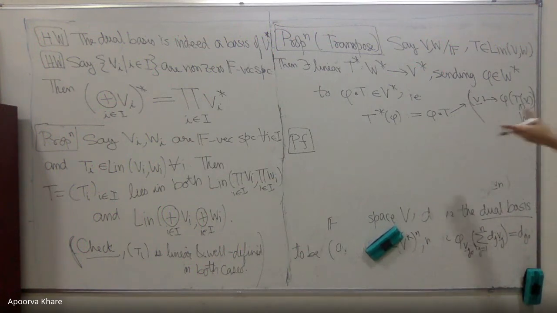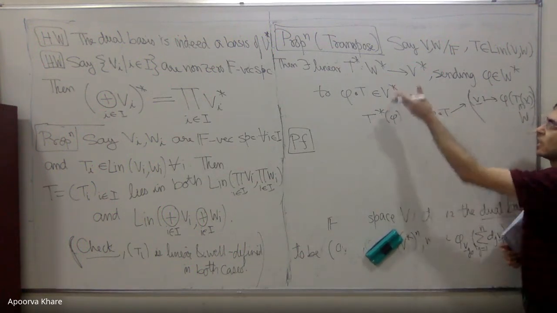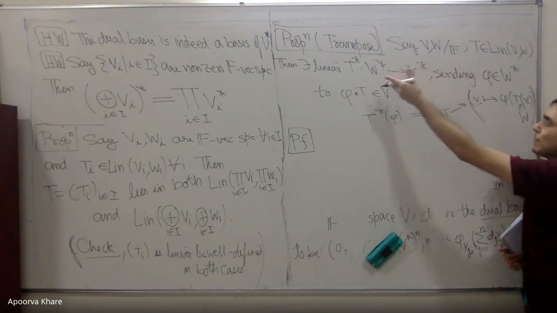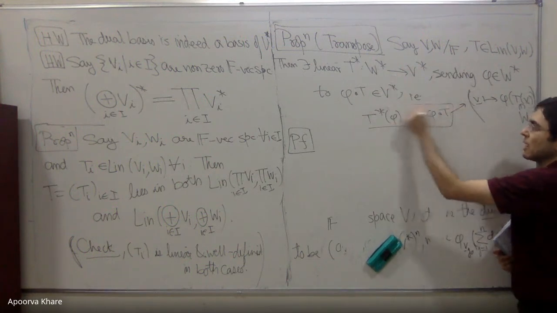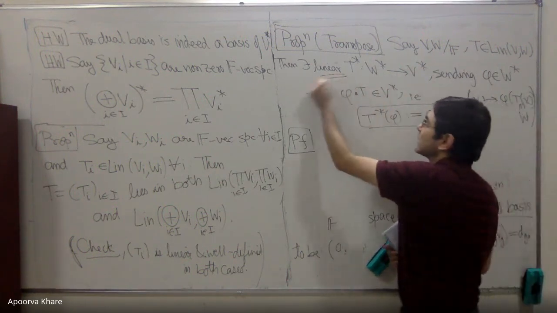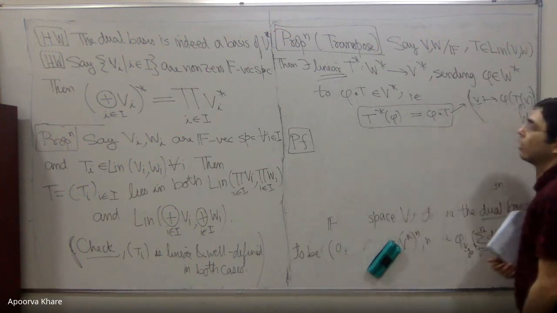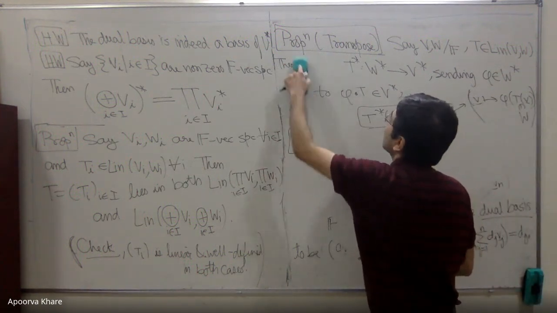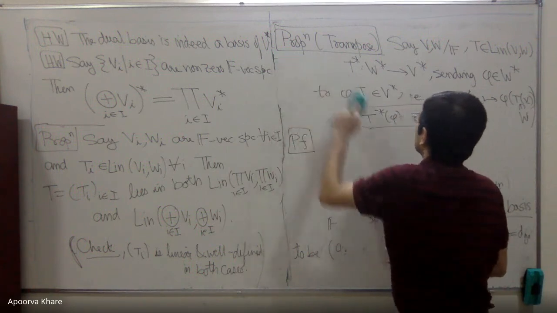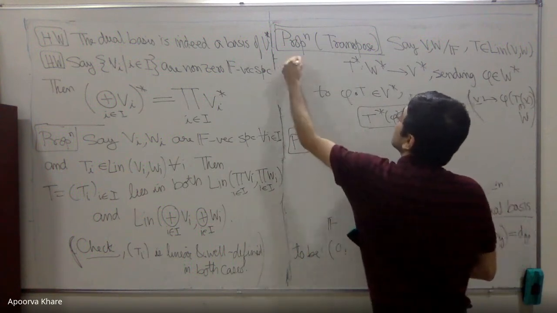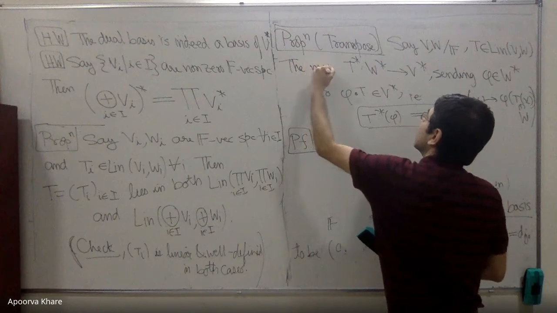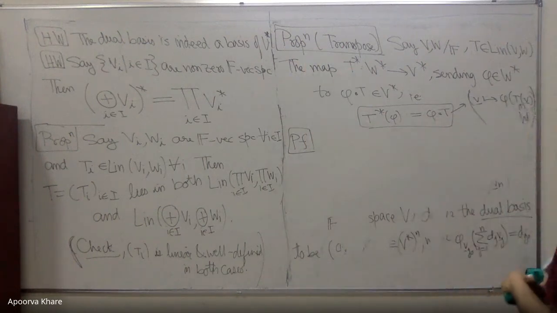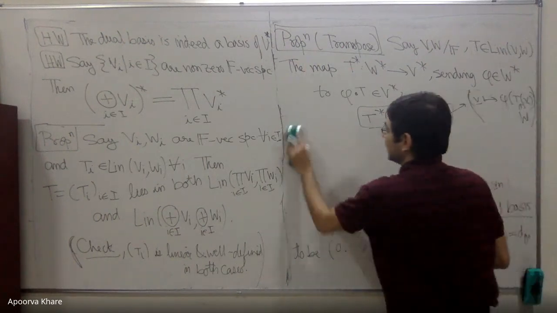So I'm defining T star for you. This is the definition of T star. So there is a map that sends it, because that's the definition of the map itself. The claim is that this map, sending this to this, is linear.